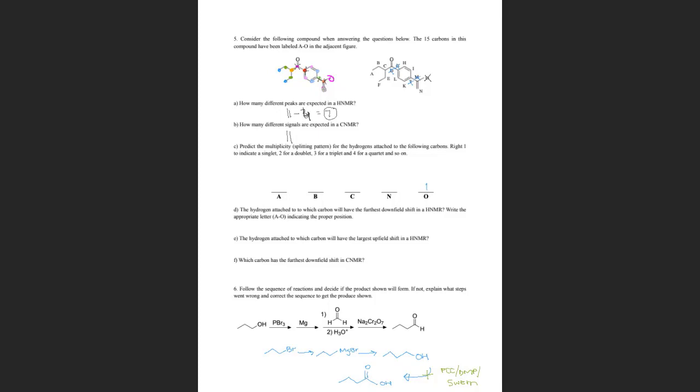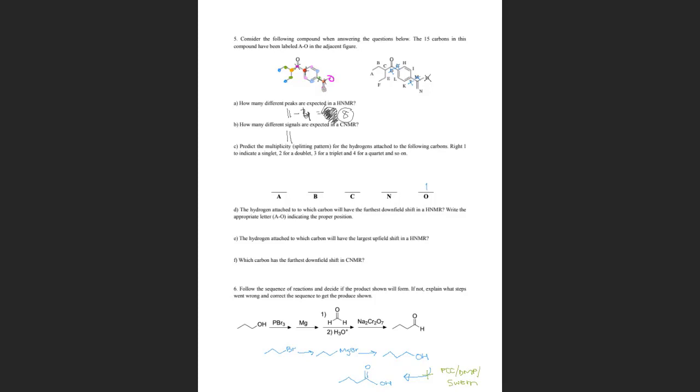You would have 8 signals because of 2 hydrogens on N. Oh, yes, you're very right. Thank you so much for letting us know. Yes, it will have 8 peaks because of those 2 different hydrogens on N.